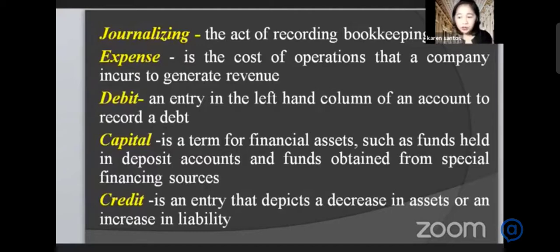Credit is an entry that depicts a decrease in assets or an increase in liability. And the correct answer in this question is letter B, which is the debit. It is the entry in the left-hand column of an account to record a debt.